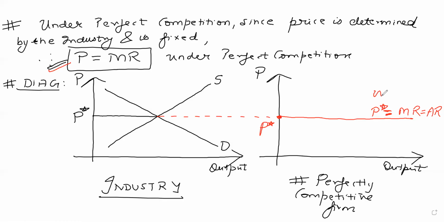So I can say that under perfect competition, P is equal to MR is equal to AR. So what is this? This is the demand curve facing a perfectly competitive firm.